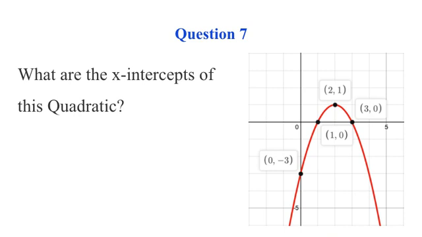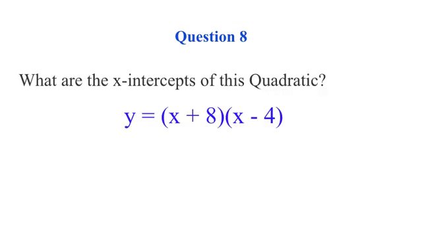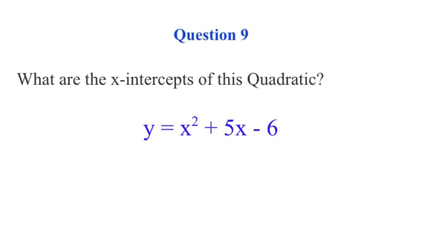Please provide your answer. Question 8. What are the x-intercepts of this quadratic? y equals (x plus 8) times (x minus 4). Please provide your answer. Question 9. What are the x-intercepts of this quadratic? y equals x squared plus 5x minus 6. Please provide your answer.